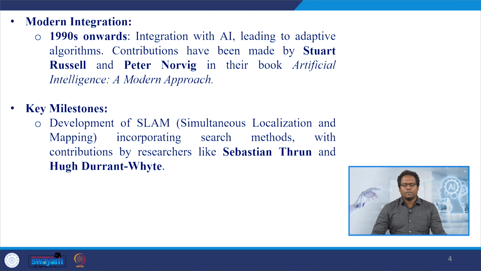Now the key milestones associated with search methods include the development of SLAM, that is simultaneous localization and mapping, incorporating search methods, with contributions by researchers like Sebastian Thrun.